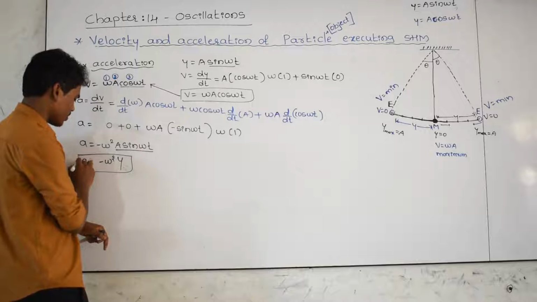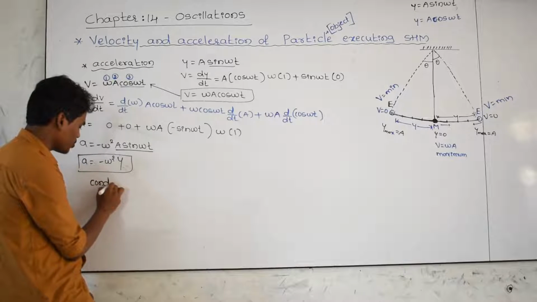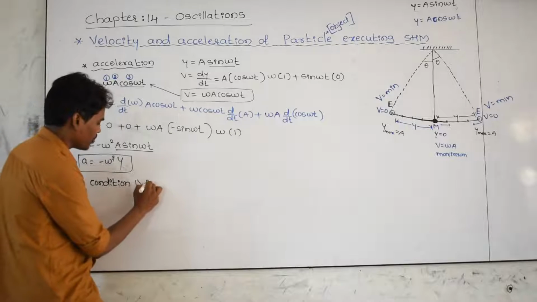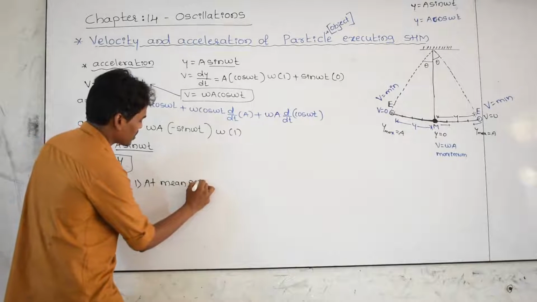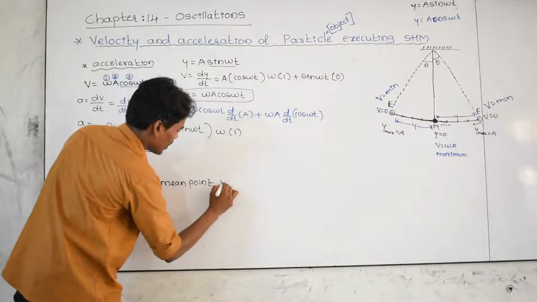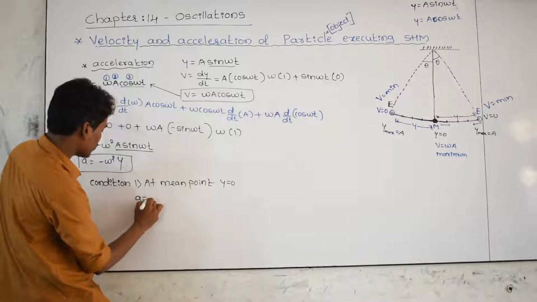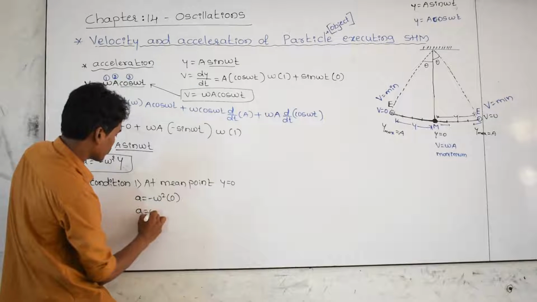Let us take this formula and apply condition number 1. At the mean position, what is the acceleration? Condition number 1, at the mean point. At the mean point y is equal to 0. Substitute here: a is equal to minus omega square into 0, so acceleration is equal to 0.